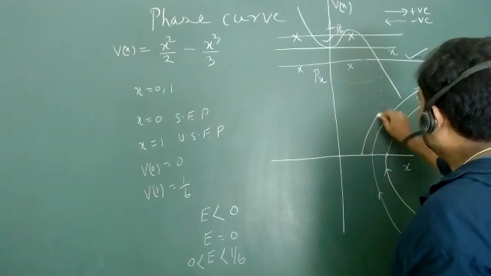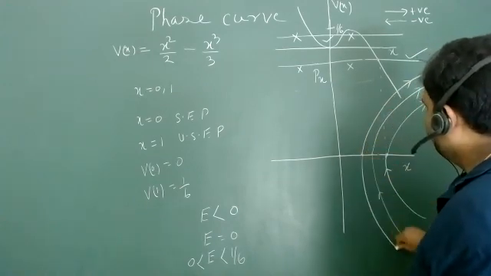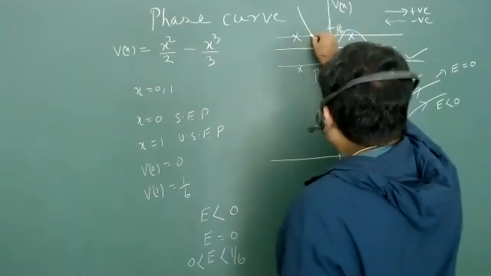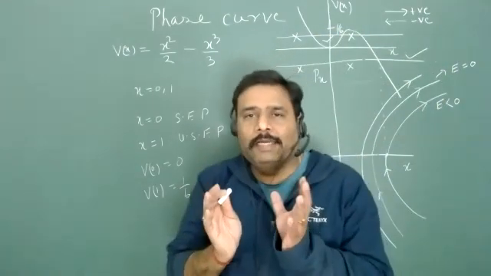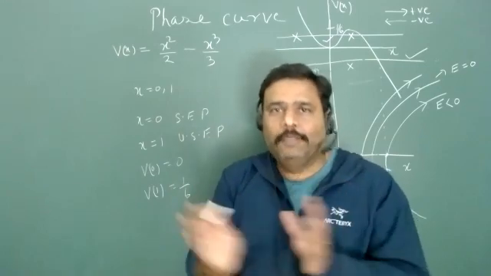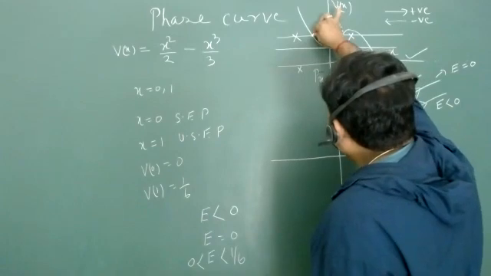So this will be exactly the same kind of profile of phase curve. Now, what will happen to this region? It will just look like a harmonic potential type thing, isn't it? The particle is bounded into this valley. So what will happen? It will start from here.